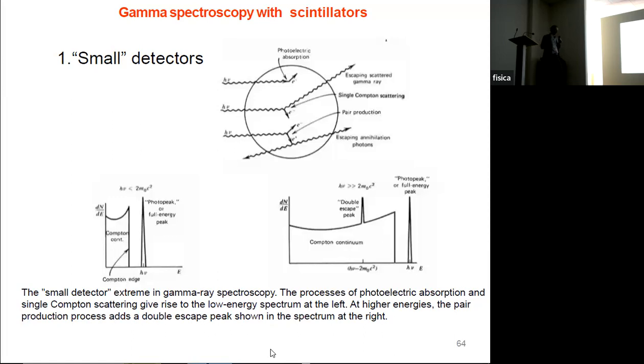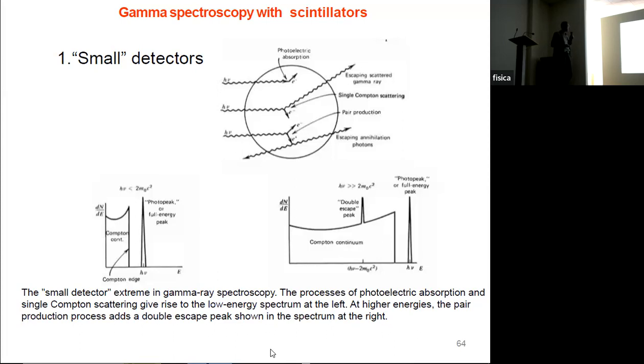This is the ideal case, the best case scenario. If you convert your gamma ray immediately into an electron, you immediately get this clean photopeak. That's what we are looking for.